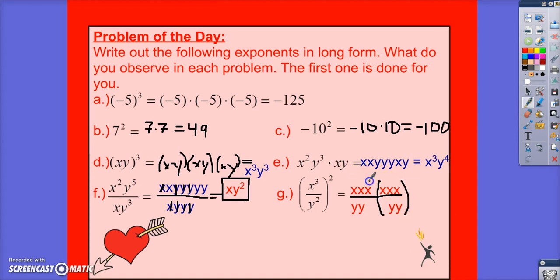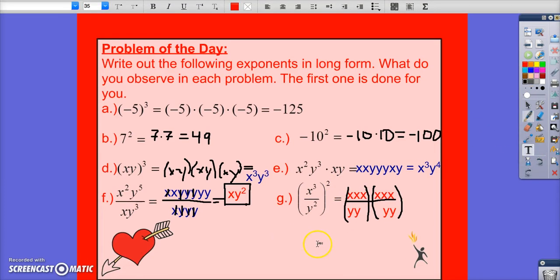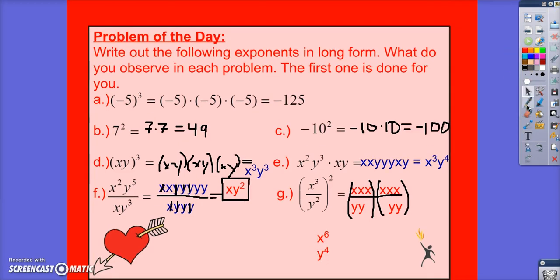Like so. And if I type that out as a final thing, make them one big fraction, I have what, x to the 6th over y to the 4th, because there's 4 of them. And that would be my final answer. So you see what you could do, I have 6 of them. How do I know a shortcut? 3 times 2, and y to the 4th is 2 times 2.